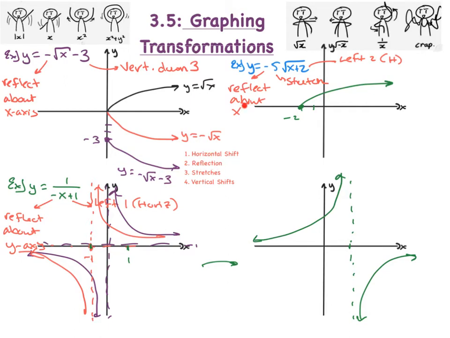Reflections. Okay, so we're going to reflect about the x-axis. So here's the x-axis. We're going to reflect it about the x-axis. So it's going to now turn this direction. That's an ugly graph. Let me try that again. Glad you couldn't see that. There we go. Okay, so now the graph is flipped as a reflection around the x-axis.